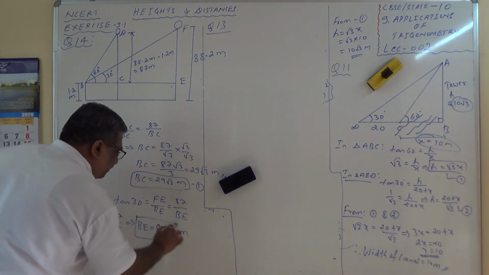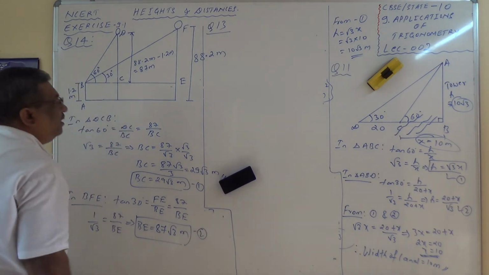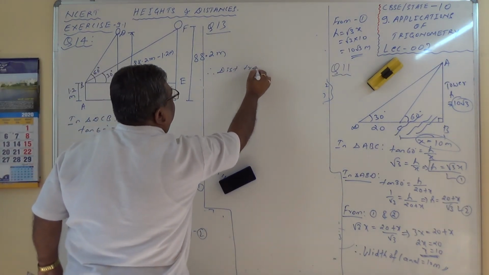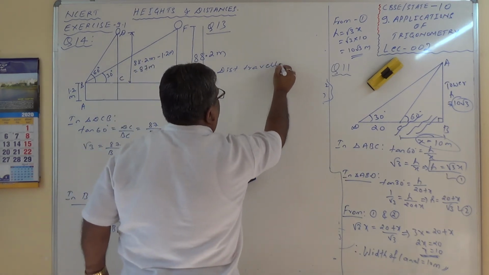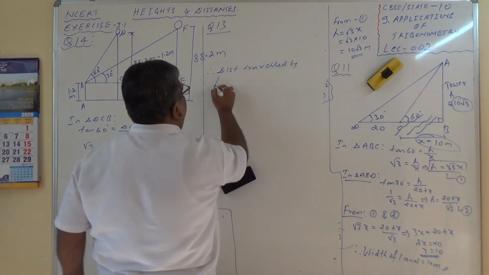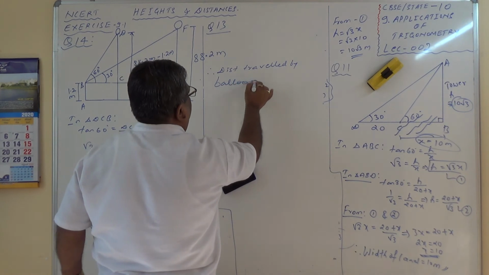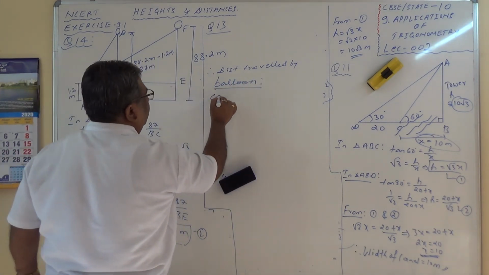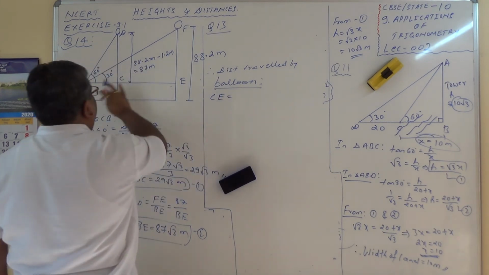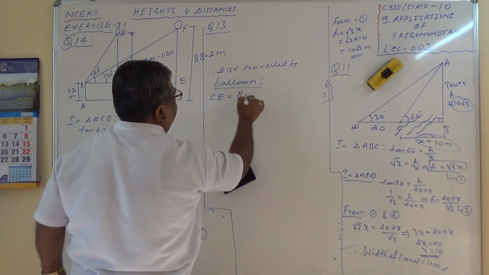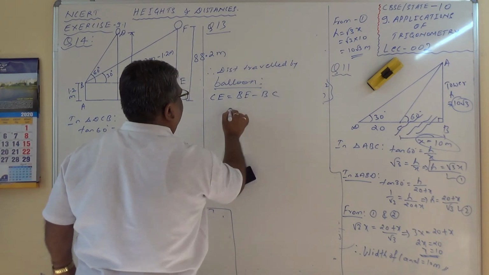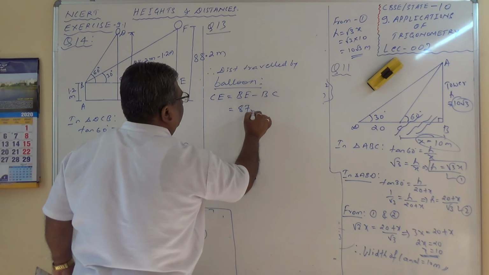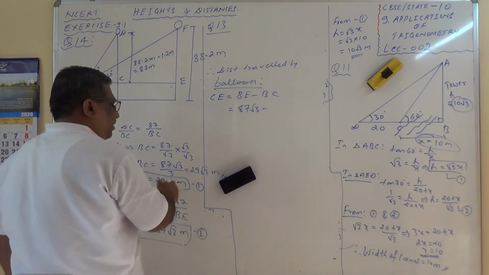Therefore, the distance traveled by the balloon is given by CE equals BE minus BC. How much is BE? 87 root 3 minus BC, 29 root 3.